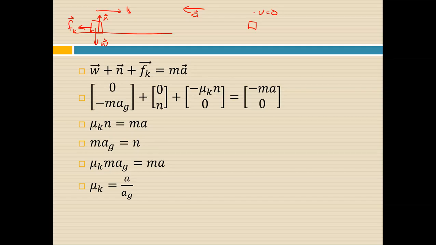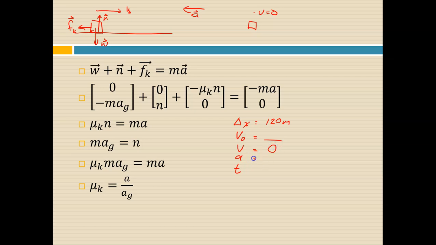Now, the only thing we need to know now is, how do we find the acceleration? Well, let's make our table. Since it's a constant acceleration problem, we make our table of variables. We get delta x, v0, v, a, and t. We are given delta x is 120 meters. We're given the initial velocity. We know the final velocity is 0.